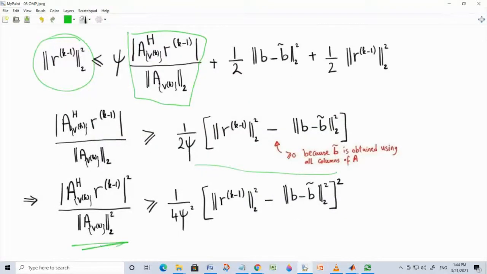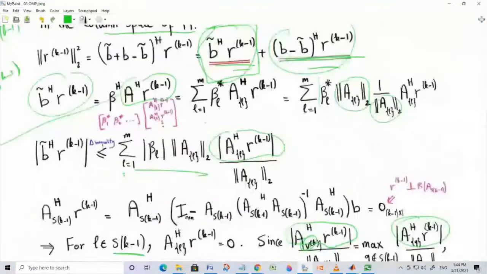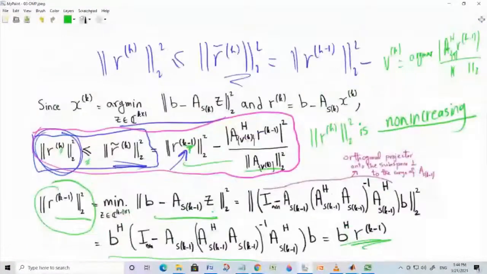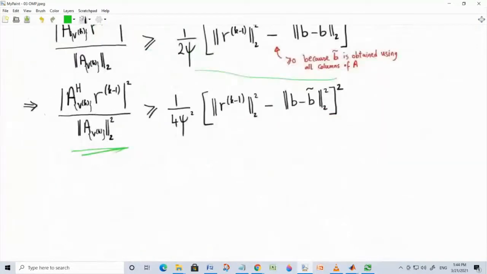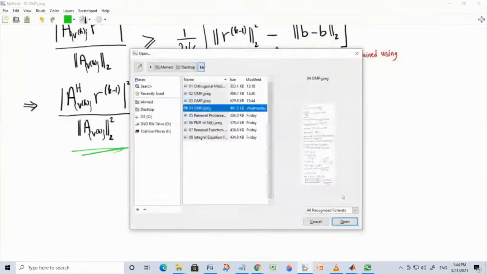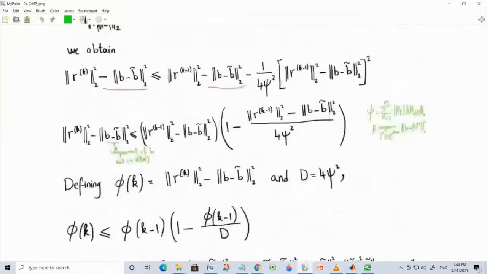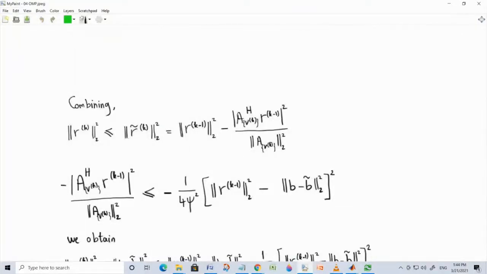What we are trying to do is upper bound this term, and we have a lower bound on this guy. With the minus sign, we have an upper bound. If you multiply both sides by a minus, we have an upper bound, which we can then use to get this result here.